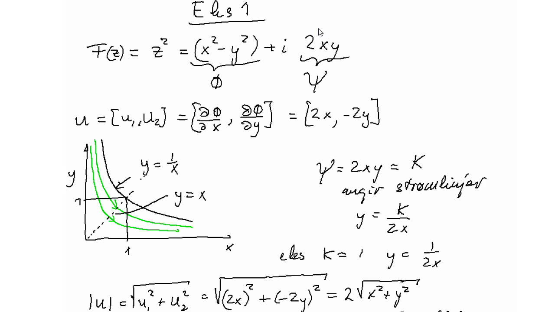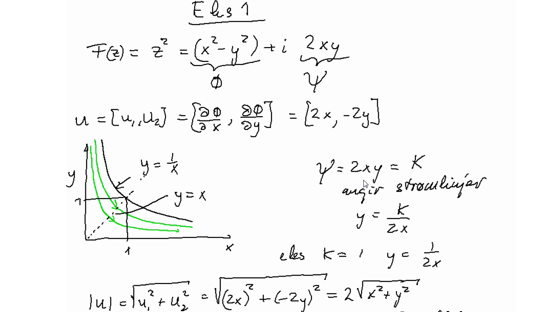In order to find the streamlines, we have already mentioned that we should put the imaginary part of the corresponding complex potential equal to some constant. So when this is constant, it corresponds to lines where the fluid is flowing. So just write this: 2xy equal to some constant.